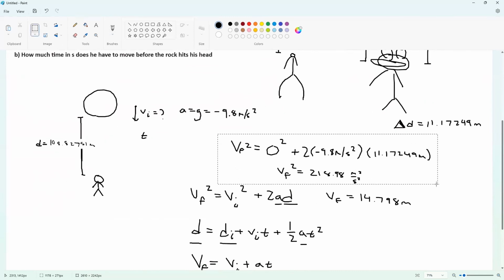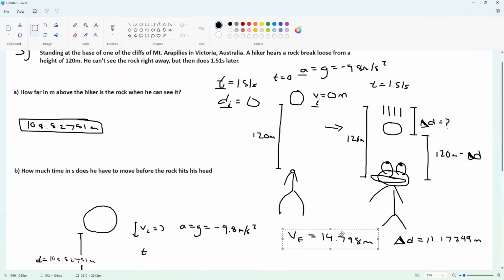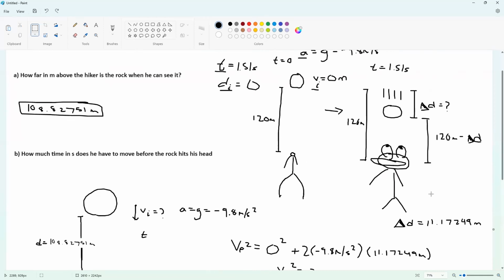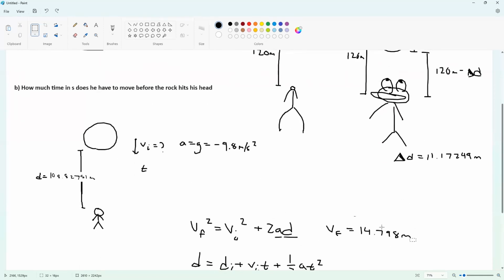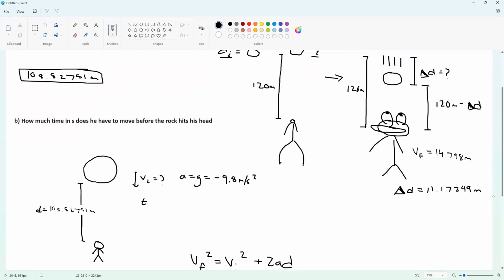So our final velocity after the rock has fallen some distance is going to be equal to this. I'm going to put this here so we don't get our data confused.